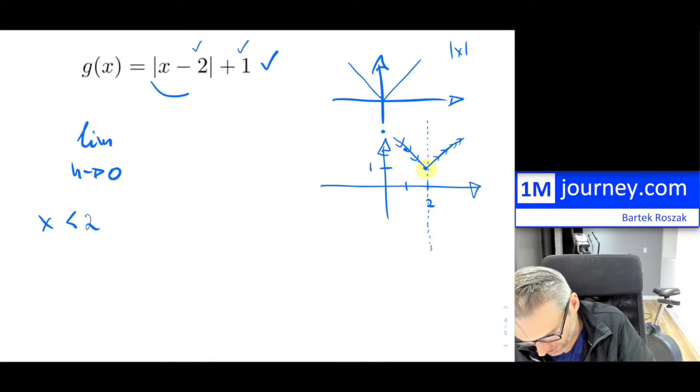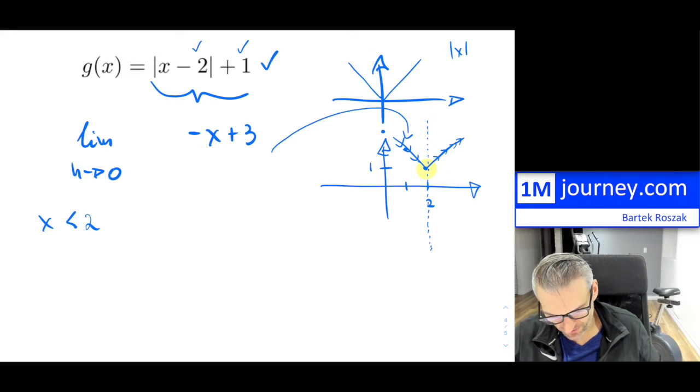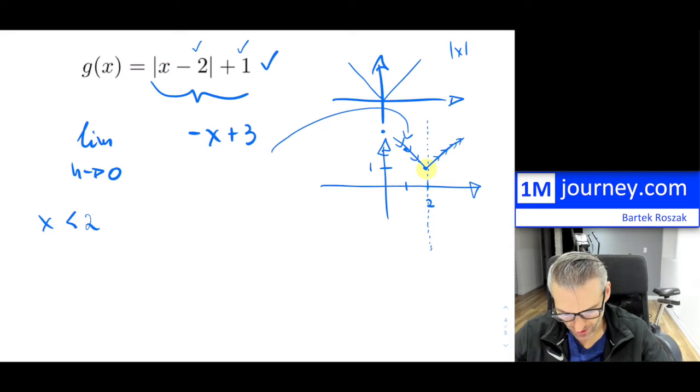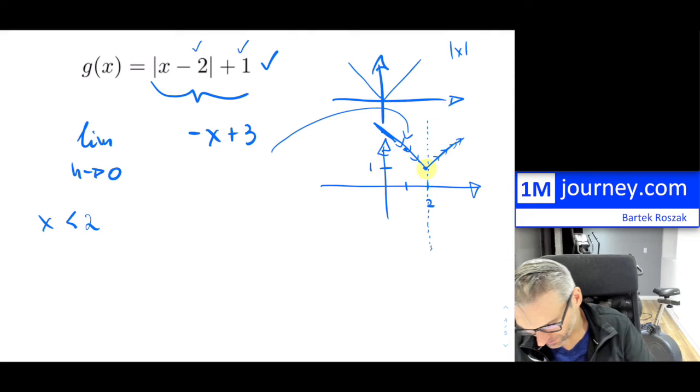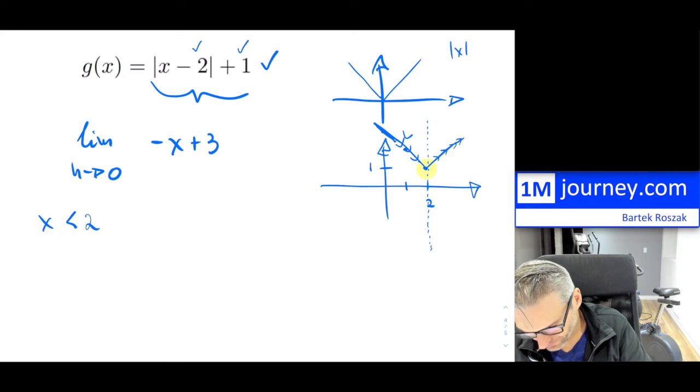So this function right here basically is -x plus 3. So that's that function right there. The slope is negative, and it will have a y-intercept of 3 above there. So now that's not very difficult to find the limit of that function right there.